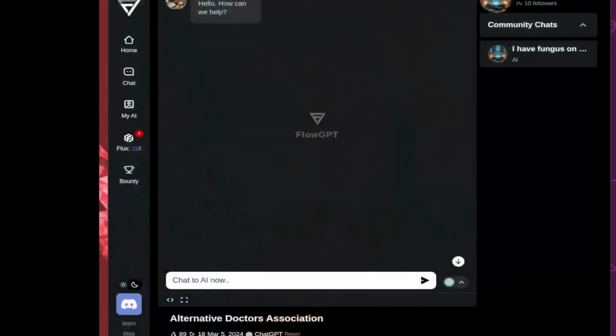So basically it's a large language model that has been optimized so that for any symptom you have or for any medical condition, it could give you a couple of ideas, a couple of recommendations from several perspectives.